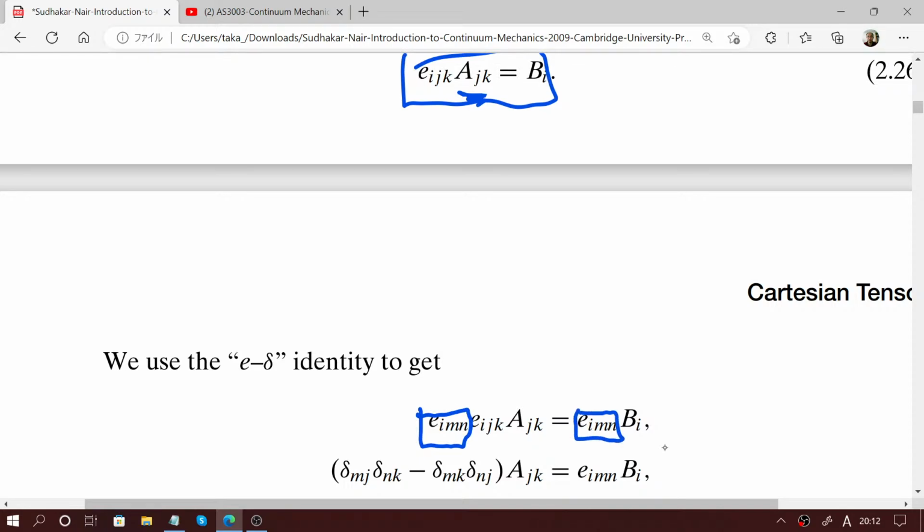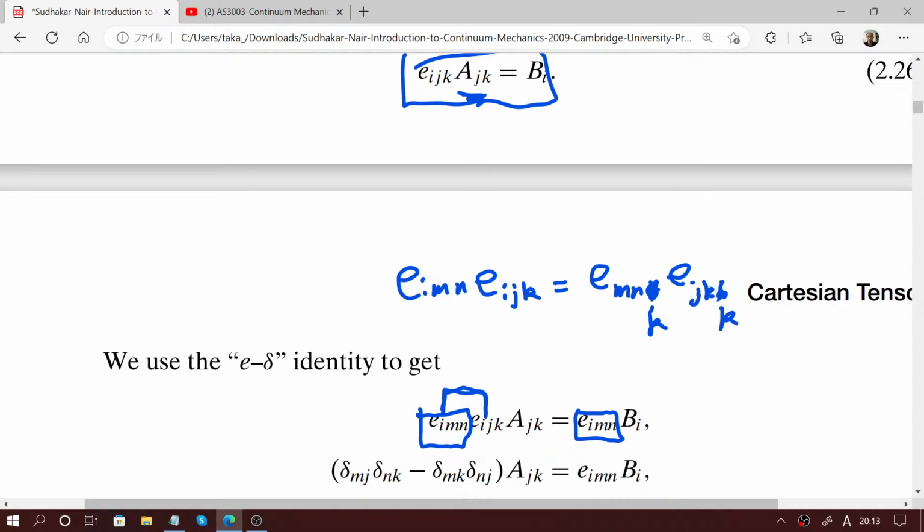The summation on I is assumed. Then you can see this is actually equal to epsilon MNI epsilon JKI. This I is a dummy variable.